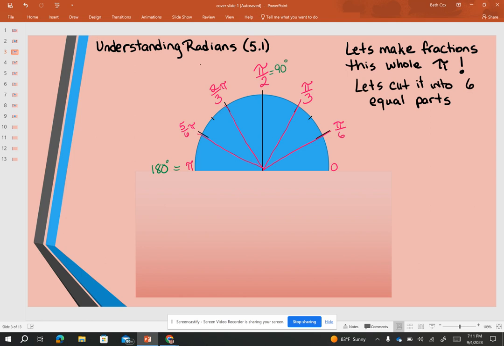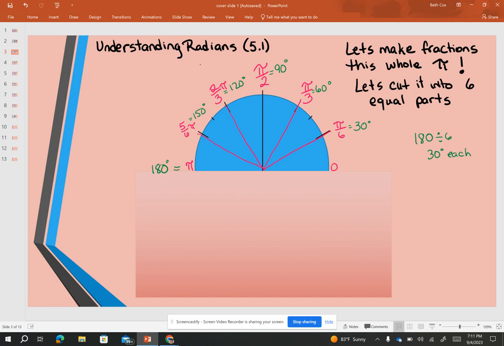And so these, if we were to take 180 degrees and divide it into 6 equal parts, it would be 30 degrees each. And that will make sense. This one's 30 degrees, 60 degrees. I've already said 90, 120, and 150 degrees. So there's your angles in both degrees and radians for your sixths.